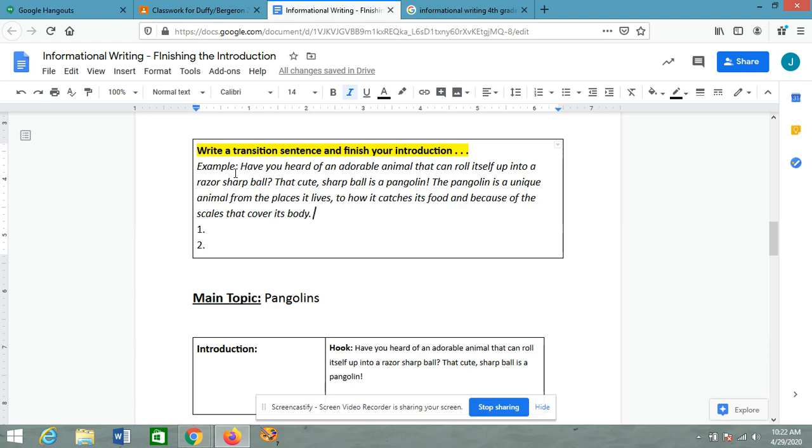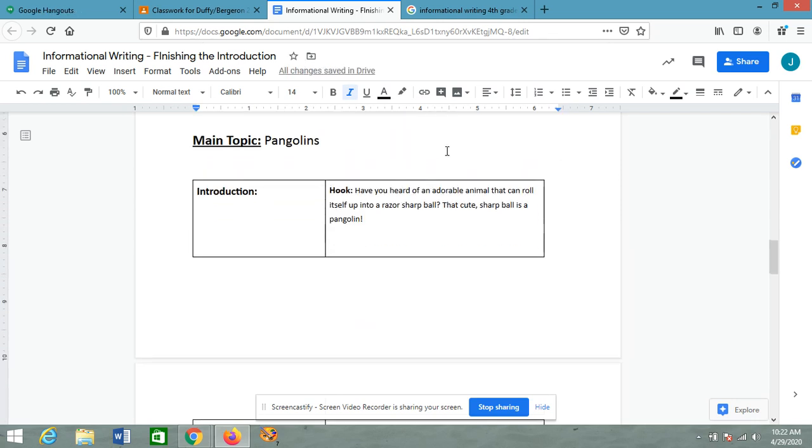In my hook question, I mentioned that the penguin's a razor-sharp ball, or a cute sharp ball. So maybe I could talk about that. Let's see. How about, because it's sharp, I could say, put some gloves on.